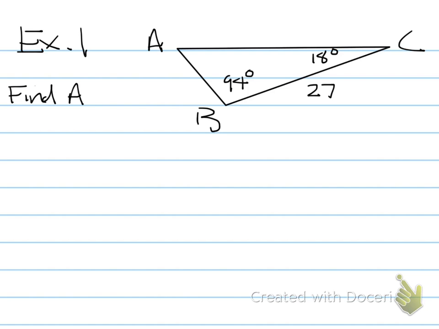In this example, we want to find the measure of AB, which would also be referred to as lowercase c, since it's opposite angle C. So we can set that up as lowercase c over sine of C equals the measure of a over sine of A. Lowercase c is what we're trying to solve for.